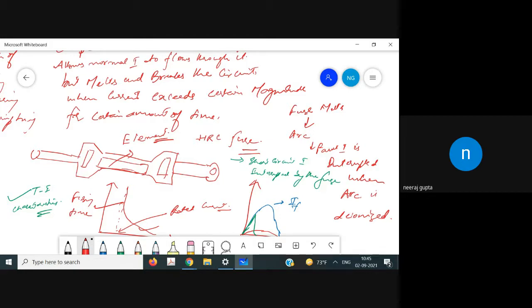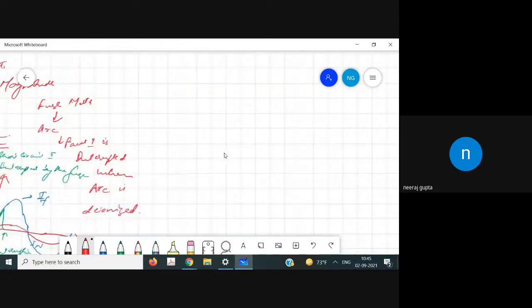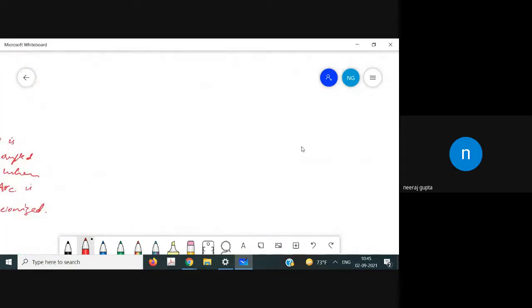Now, a variety of fuses are available nowadays. If you go to the market and want to purchase some fuse, a variety of fuses are available. In terms of quantity, fuses outnumber any other protection devices.